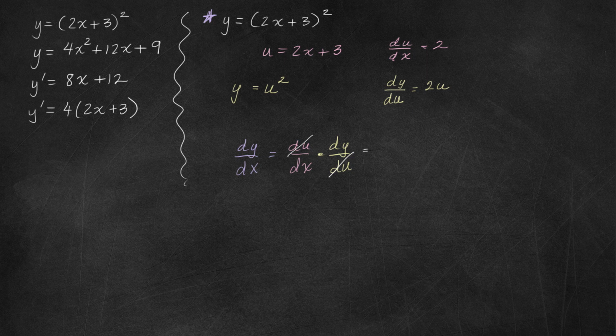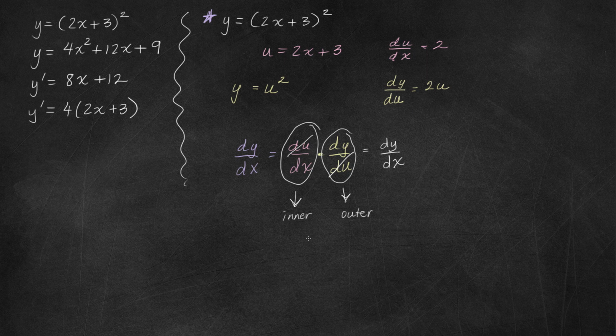And what I have left is a dy on top and a dx on the bottom. So if I want dy dx, what this means is that I just multiply du dx times dy du. And du dx, remember, was my inner function, and dy du was my outer function when I rewrote it with the variable u.